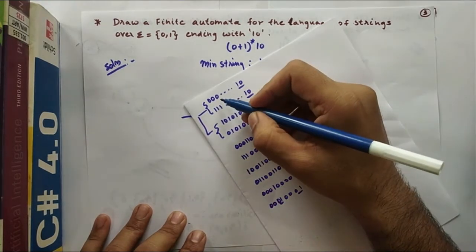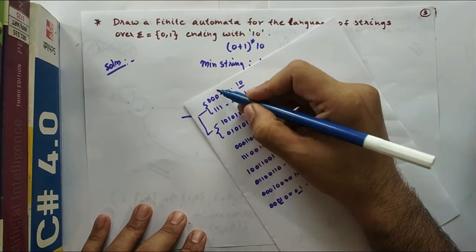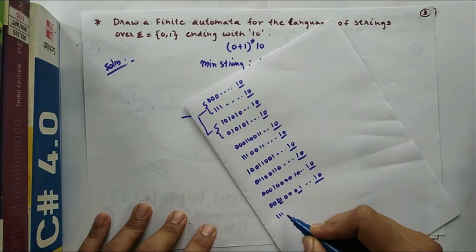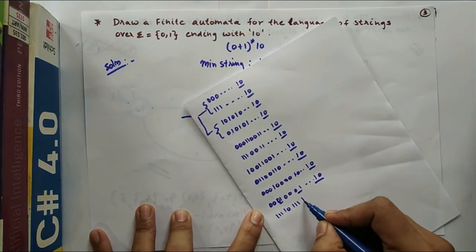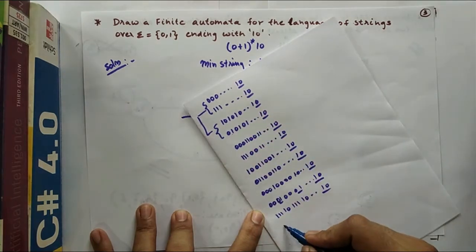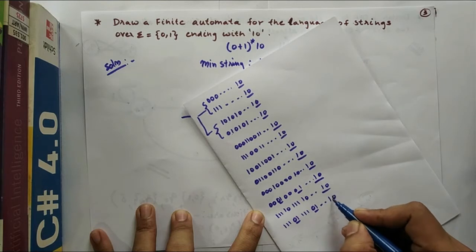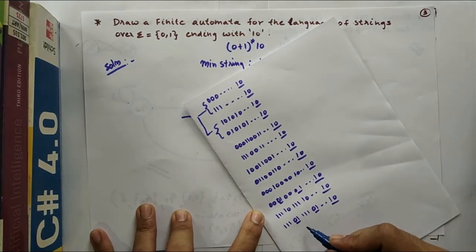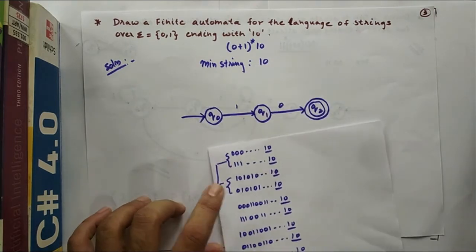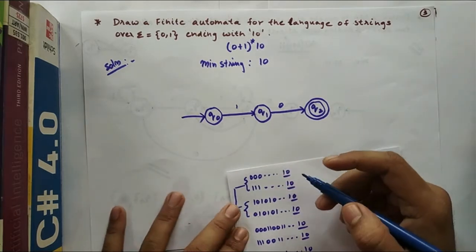Then some ones and 1 0, some ones and 1 0, ending with 1 0, then some ones and 0 1, again some ones and 0 1, ending with 1 0. The list will continue, but at least these strings should be accepted. So one by one we can check each string and update the automata.